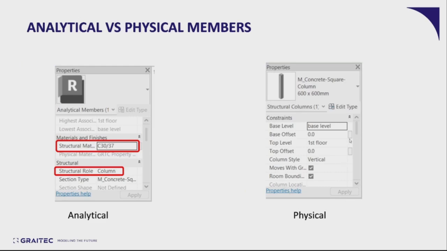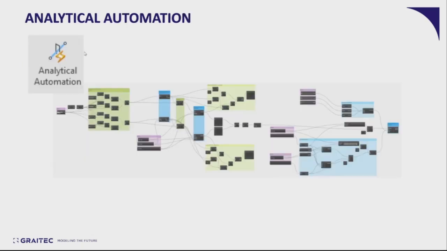You get information about the section of the member, the base level, the top level, generally about its geometry. When it comes to an analytical one, selecting the same member, you will end up getting information about the material of this element as well as about its structural role.